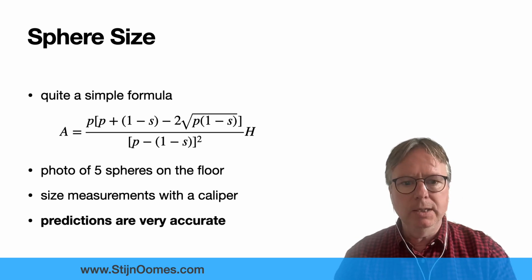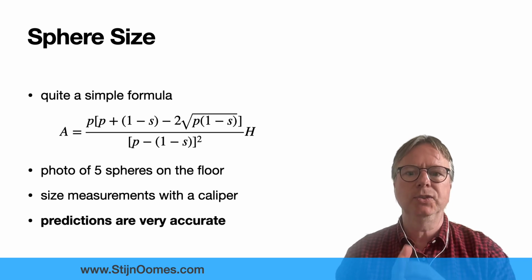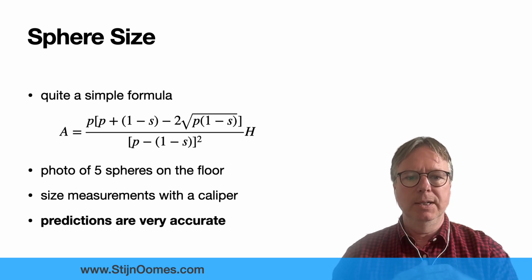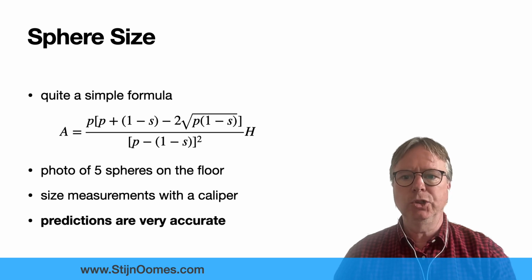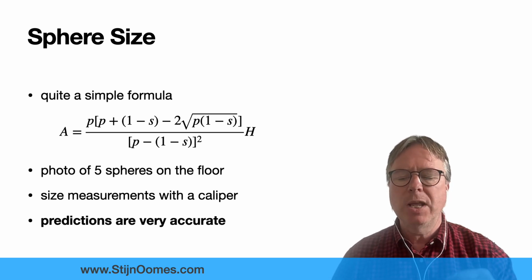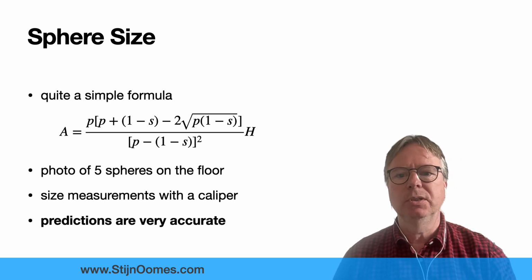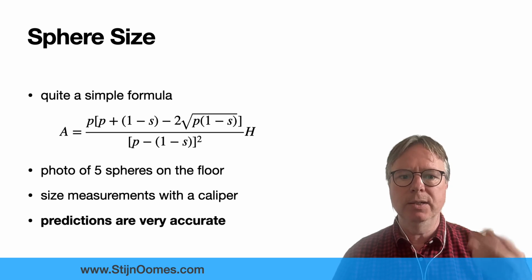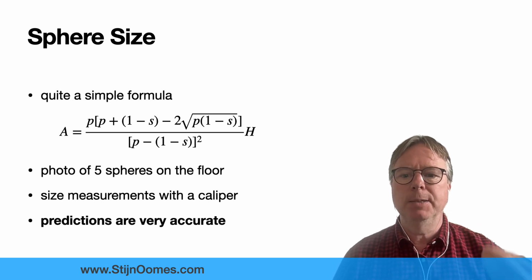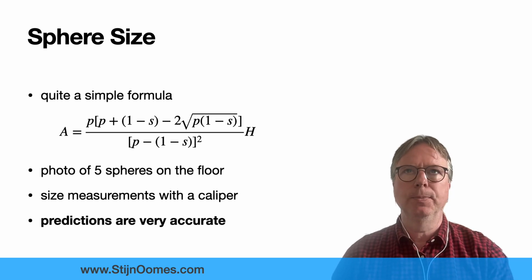But more importantly, because we're not just interested in the mathematics of this, I'm also interested in whether the prediction is actually true. So I showed you a photo of 5 spheres on the floor, and I measured the diameters in a separate way directly. And the predictions are very accurate. So this is a very nice result.